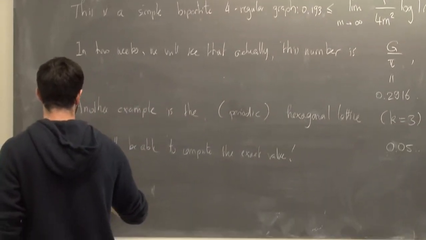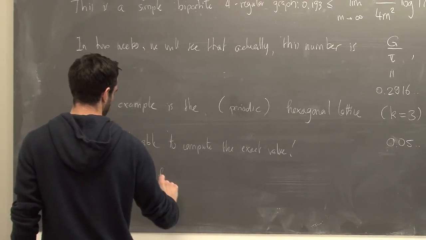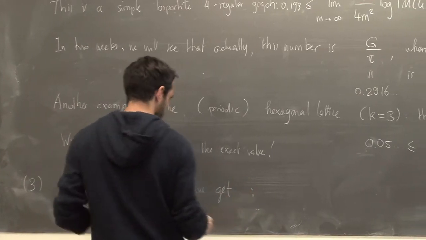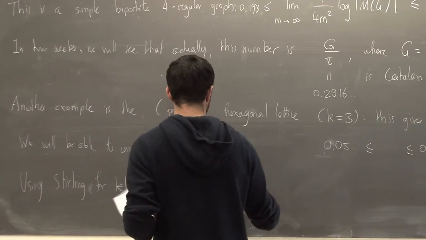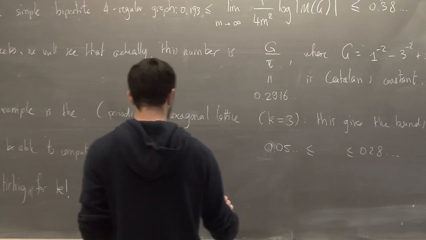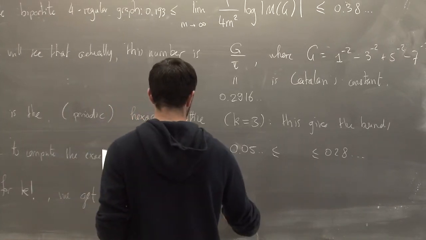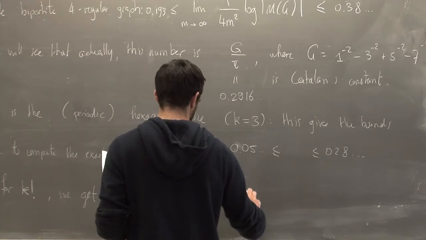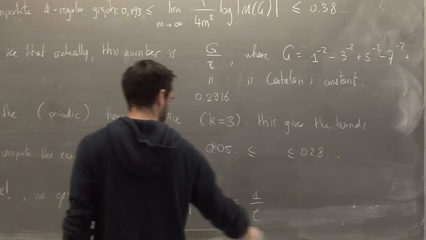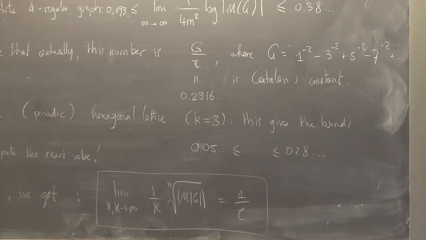So using Stirling for k factorial, we get, again, I'm not gonna give the detail, but it's easy. So we get that the limit as n and k goes to infinity of 1 over k nth root of the number of perfect matchings equal to 1 over e. Which I find very funny.